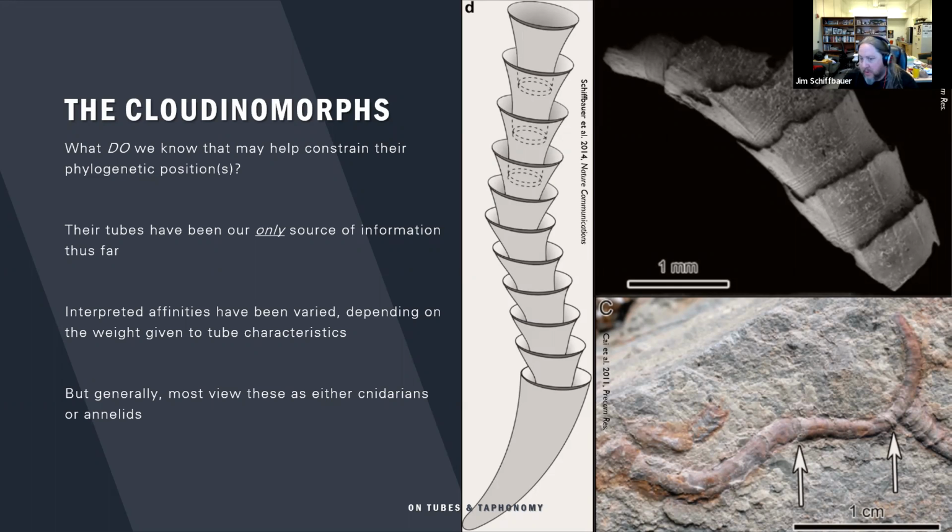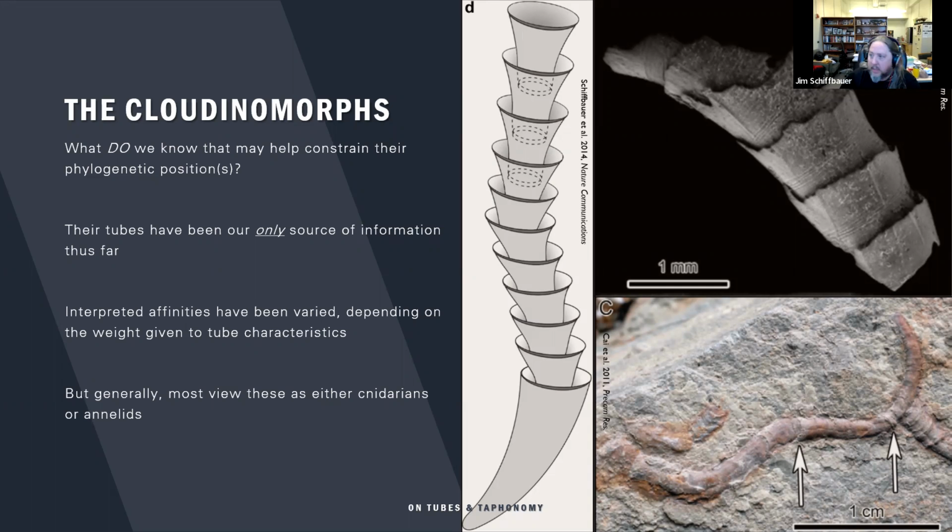So we make a lot of inferences based on the construction of these tubes. But as you recall, I just showed several examples of tubes across different phyla. So this is problematic. And the amount of weight that we place on certain characters that we define is going to change our inferences as to what these things actually are.